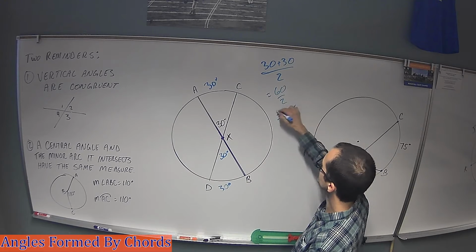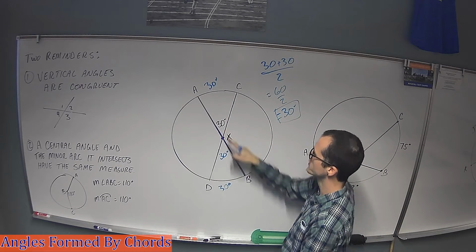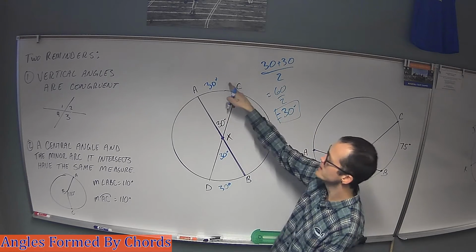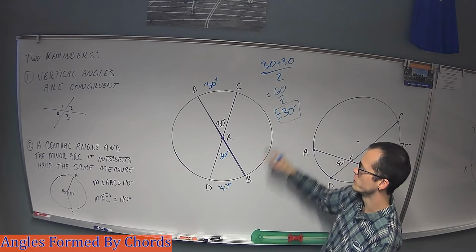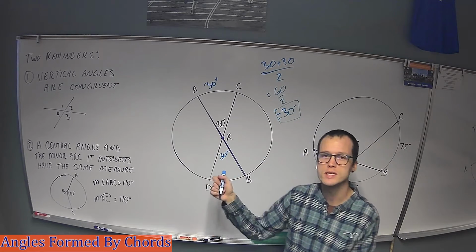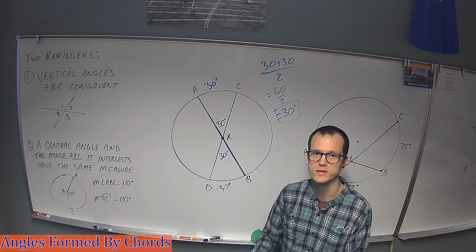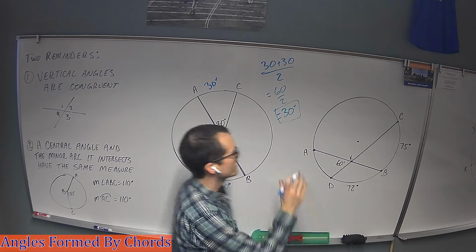What I want to point out to you is that these two angles measure 30 degrees. So if you take your two arc measures, add them together, and chop them in half, you're going to get 30 degrees. Again, not especially interesting in this case, but it's going to apply in a case like this.